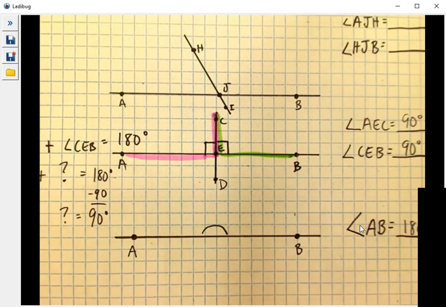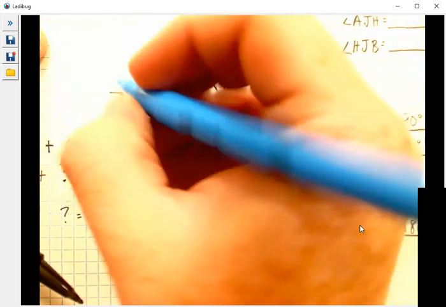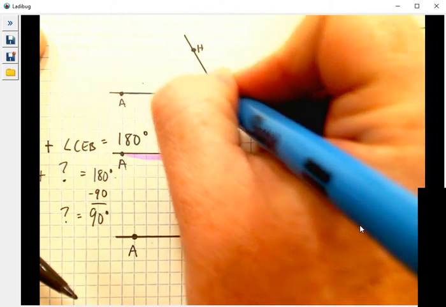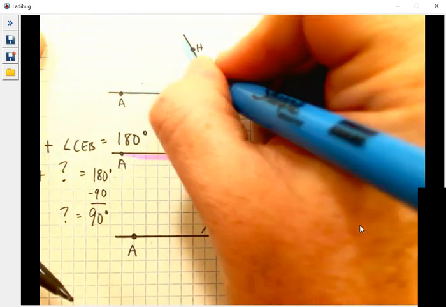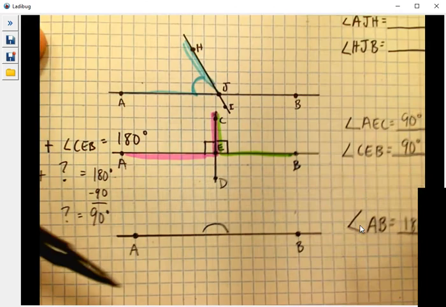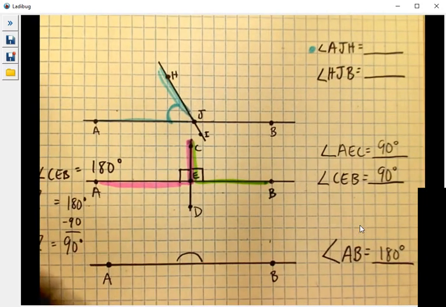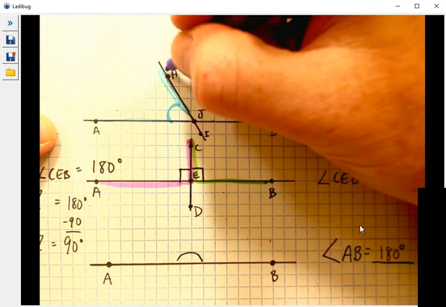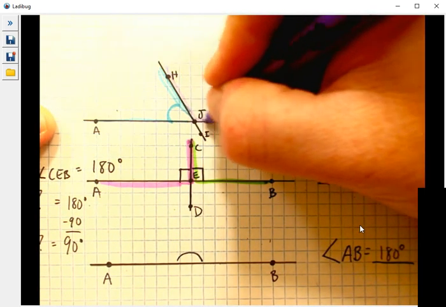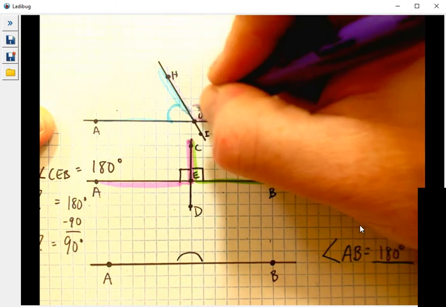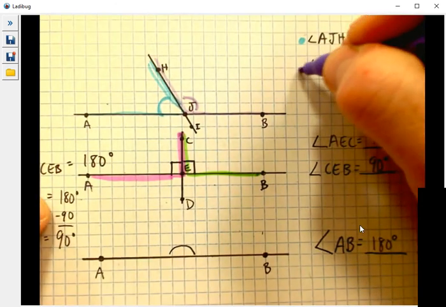To be clear again with naming, angle AJH is this angle right here. This is angle AJH in blue. And angle HJB is going to be right here, HJB.